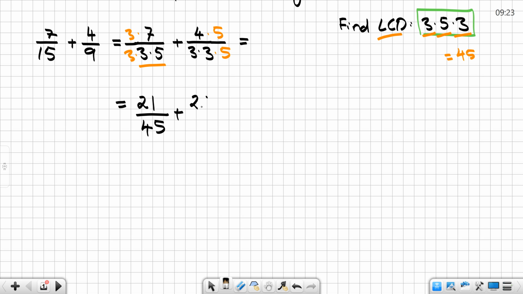Plus 4 times 5, that is 20. Also now over 45. And that means now I'm back at our examples from before. Let me just write it out. 21 plus 20, that would be 41 divided by 45. 41 is a prime number. This is all I need to do.